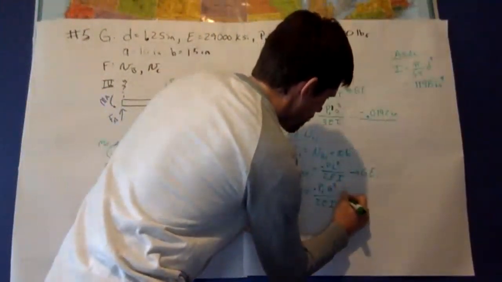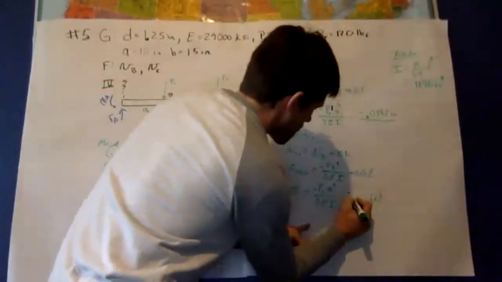And we can get an answer for this. Now, what's the answer going to be in? What units is the answer going to be in? Radians? Yeah, that's a good guess. Usually that's the case.